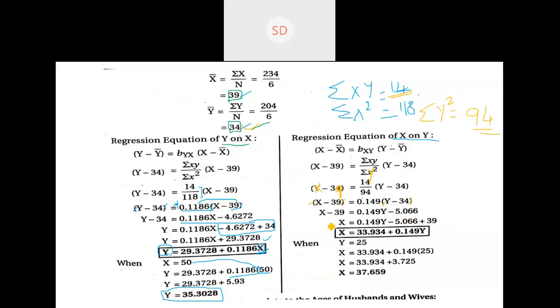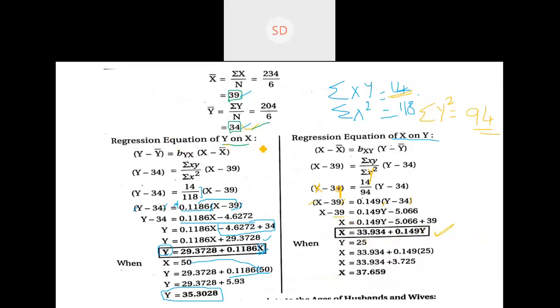Then the next step is taking this minus 39 to the other side, so it will become plus 39. So 0.149y minus 5.066 plus 39. 39 has come from here to the other side. So this is our next regression equation, that is x on y.